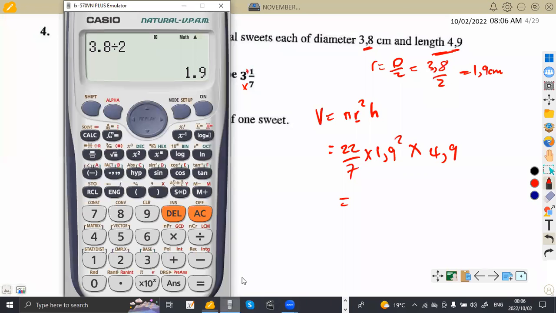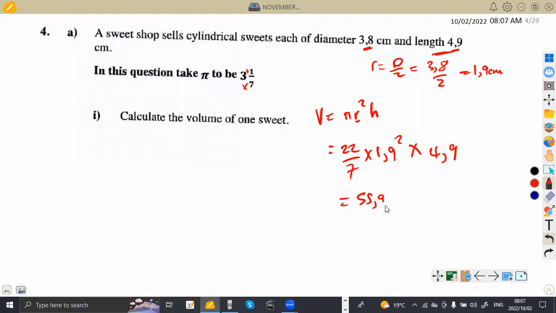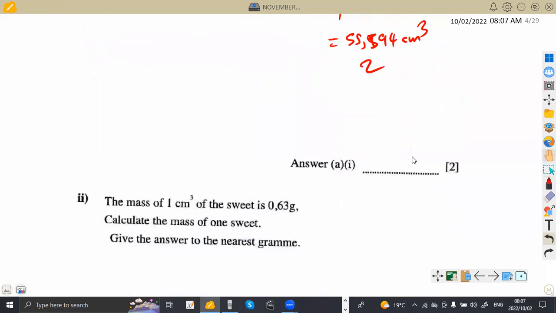So that was the idea in this case, 22/7 multiply by 1.9 squared multiply by 4.9. Okay, so if you are to do this, we can obtain 55.594 cubic centimeters. Okay, so that was the volume of the sweet.